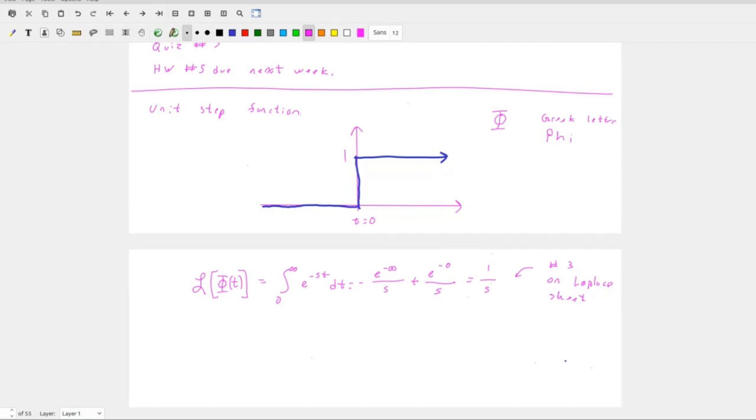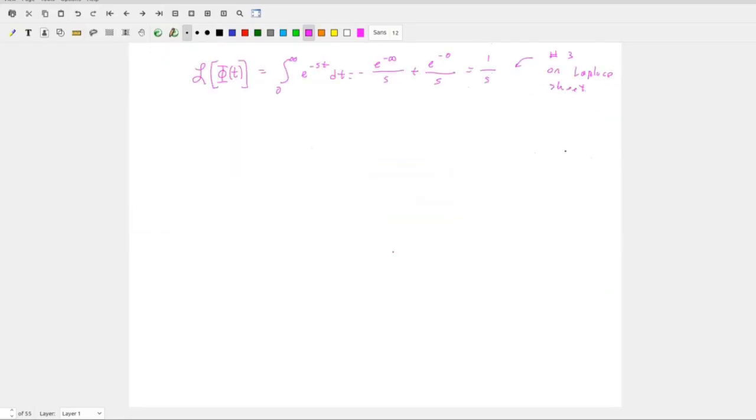So I think the best way to show how this works is to just walk through an example. So let's look at the undamped case first, the undamped case for a step response.